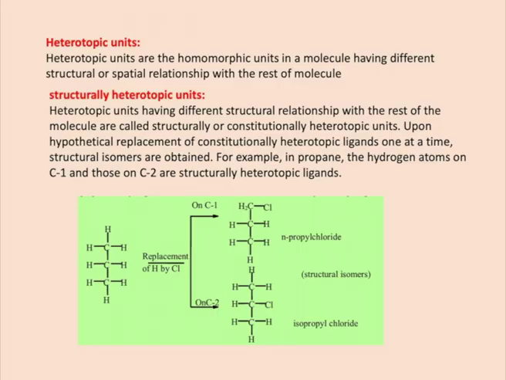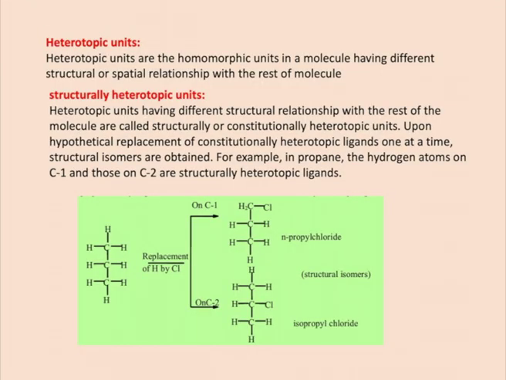Now, another type of terminology involved in asymmetric synthesis is the heterotopic units, and these heterotopic units are again classified into two types: structurally heterotopic units and stereo heterotopic units. What are the structurally heterotopic units and what are the stereo heterotopic units?